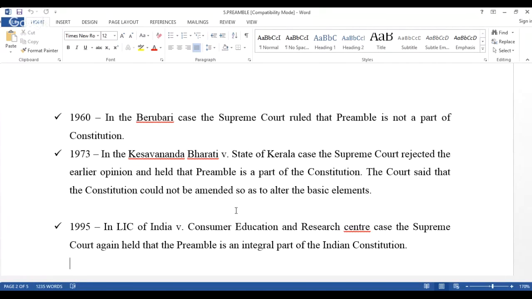Meaning, by looking at these cases, we can see very clearly that preamble is an integral part of the Indian Constitution. Now you must be getting a doubt: why did the Supreme Court say that preamble is not a part of the Constitution in the year 1960, and again, how come the Supreme Court can say that it is a part of the Constitution?